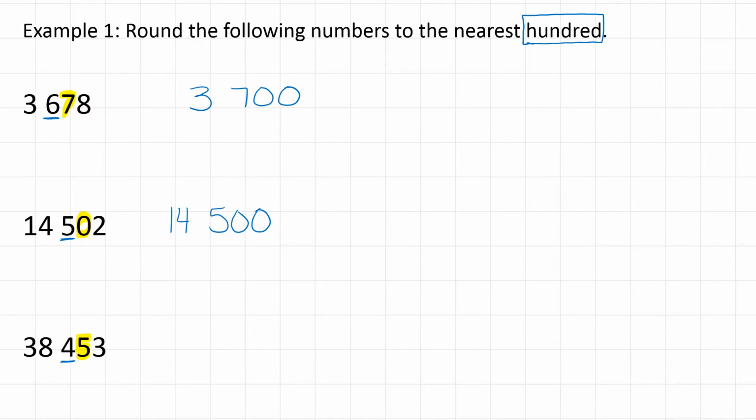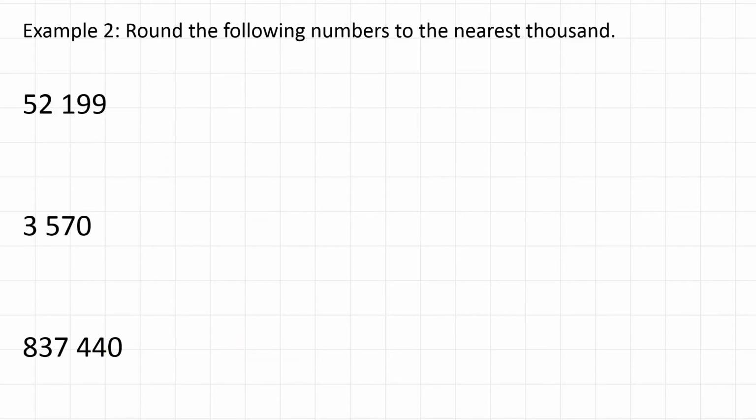And remember, if the digit to the right is 5 or more, then we're going to round up to the next hundreds place value. So the next hundreds place value in this example would be 38,500. And notice how the last two digits in each of these examples were rounded to zeros.